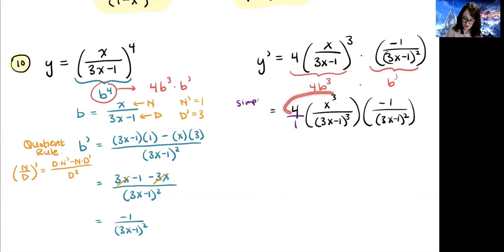When we multiply across the numerators, 4 times x cubed is 4x cubed, times negative 1 is negative 4x cubed. In the denominator, we've got 1 times 3x minus 1 to the third times 3x minus 1 to the second. These have the same base, and we're multiplying them, so we can add their powers together. So this will just be 3x minus 1 to the 3 plus 2, which is to the fifth.